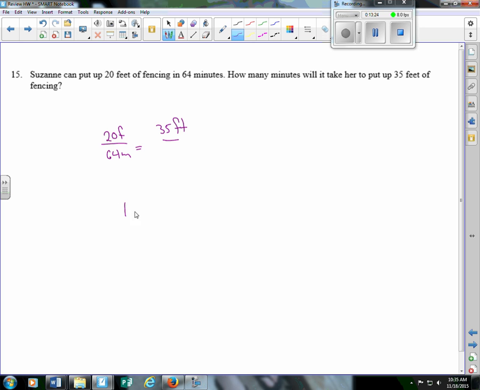This comes down to 10 over 32, which I'd probably reduce again down to 5/16. 5 feet for every 16 minutes equals 35 feet in how many minutes? Well, times by 7. Whatever we do to the top, we have to do to the bottom, times by 7. So we get 16 times 7, 112 minutes.